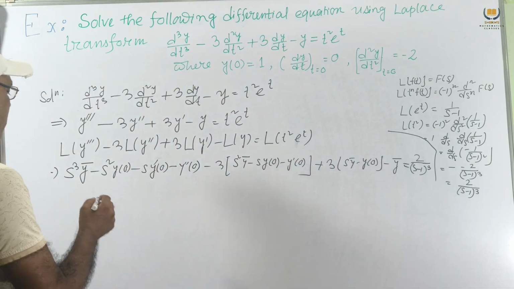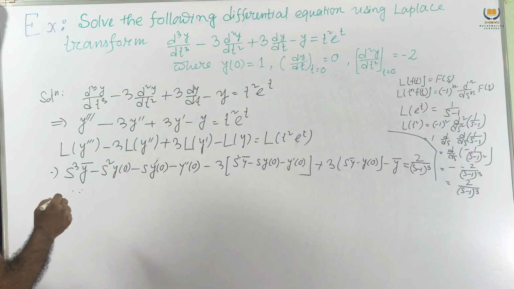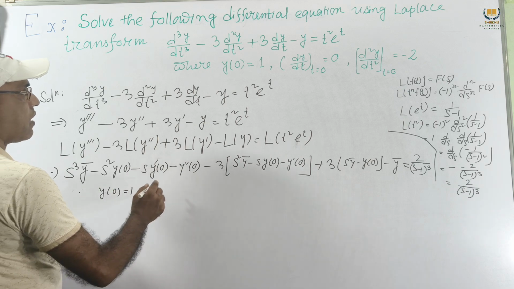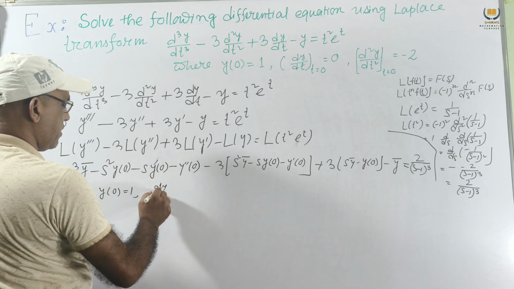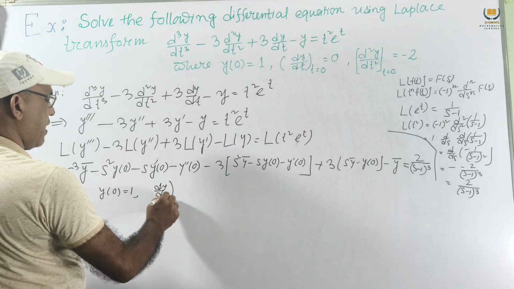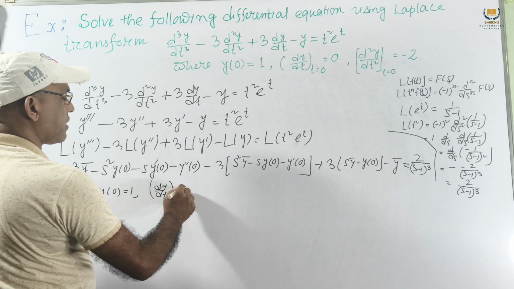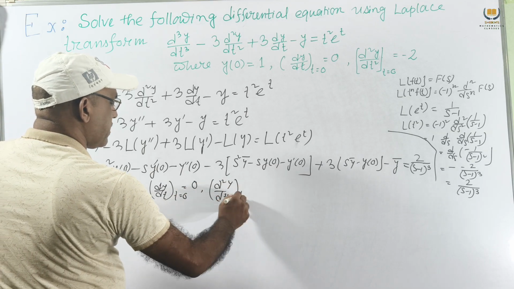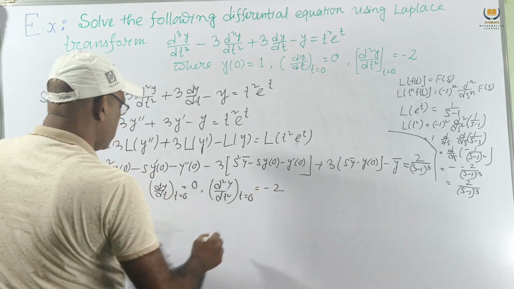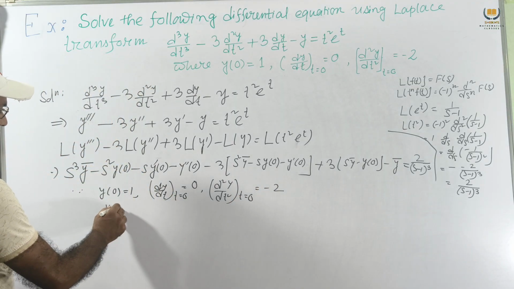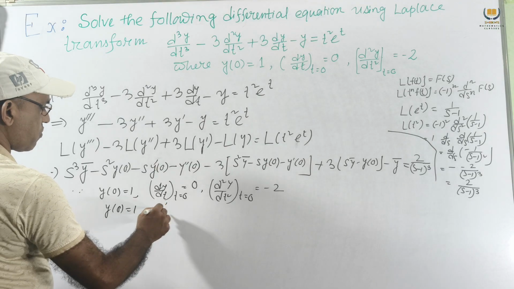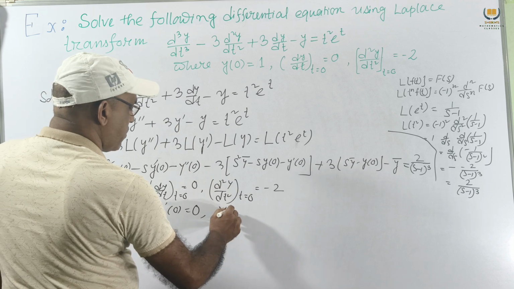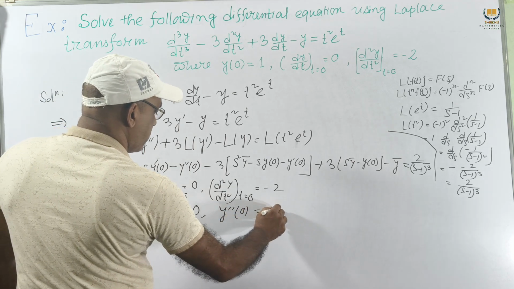Now our given conditions are y(0) equals 1, dy/dt at t equals 0 equals 0, and d²y/dt² at t equals 0 equals minus 2. Or we can write y(0) equals 1, y dash 0 equals 0, y double dash 0 equals minus 2.